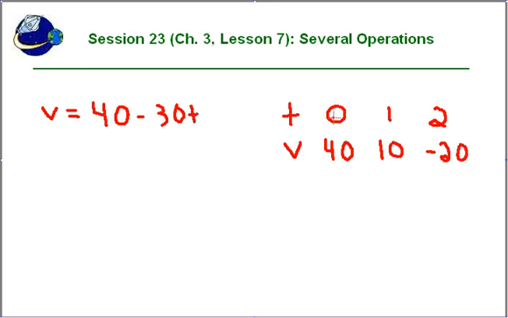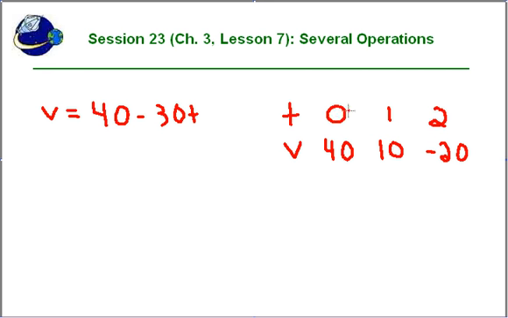So I went ahead here and made just a very brief table of 3 different values for t and what the corresponding velocity for that rock would be. After 0 seconds, representing the exact moment that the rock leaves your hand as you toss it up into the air, what is the velocity of the rock?